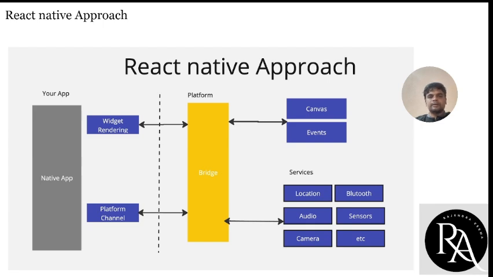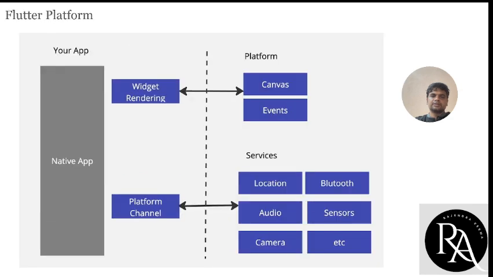So to improve this performance, we remove the bridge in the case of Flutter. So in Flutter we remove the bridge, so it achieves the performance. Now the performance of your app is equal to native development, and this is how Flutter is different from the other frameworks.